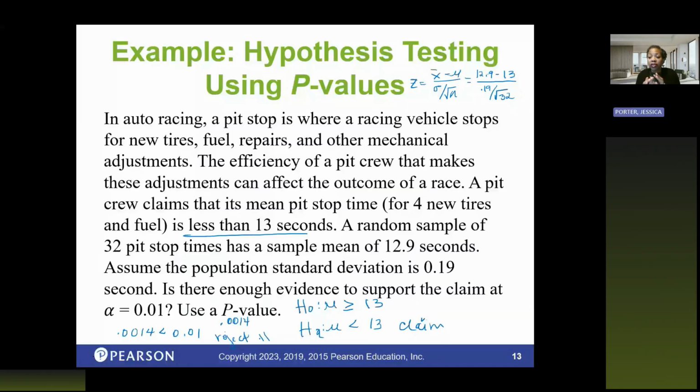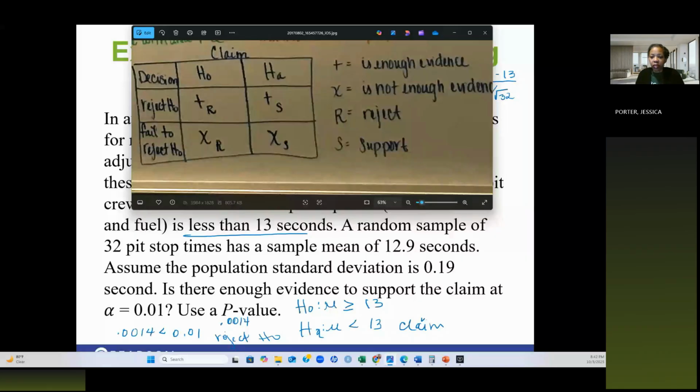All right, so get your handy dandy little graphic here, and let's see what that means. The claim is the alternative hypothesis. So we're looking on the right column, and we are rejecting the null hypothesis.